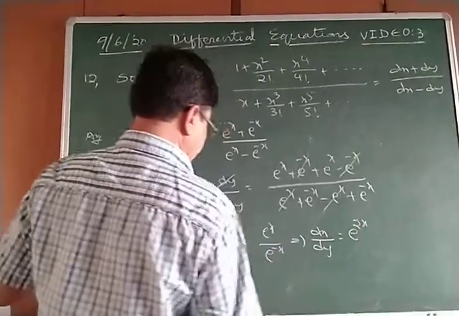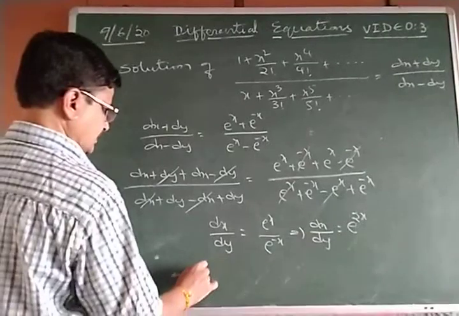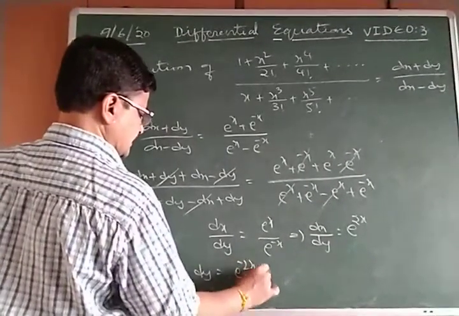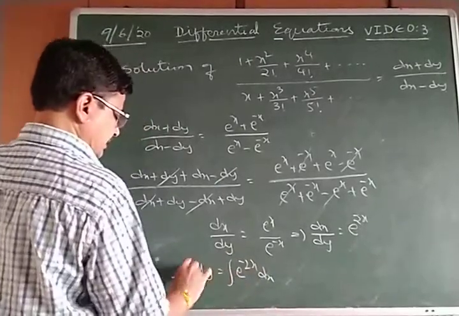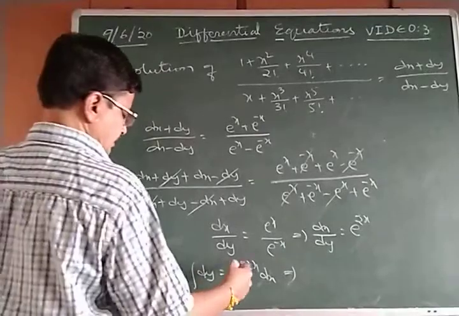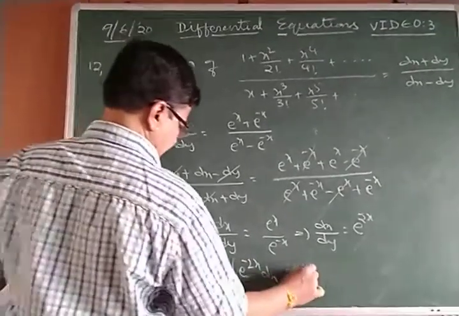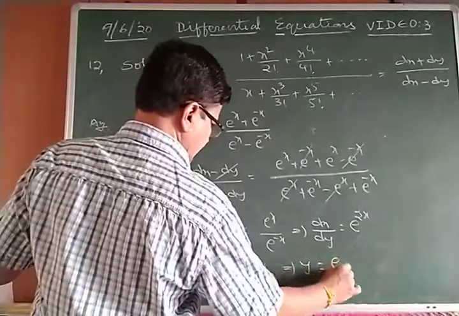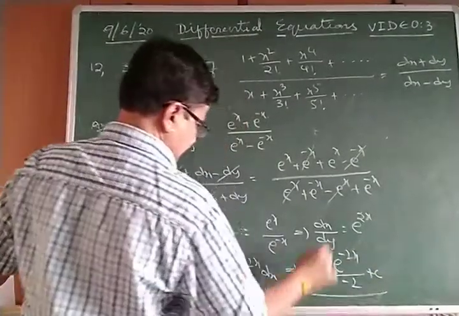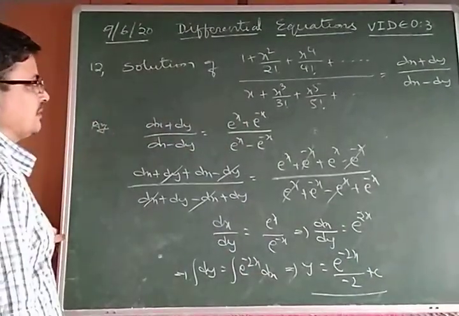So that implies dy is equal to e to the power minus 2x into dx. Applying integral on both sides, integral of 1 dy means y is equal to e to the power of minus 2x by minus 2 plus c. That is the required solution of the given equation.